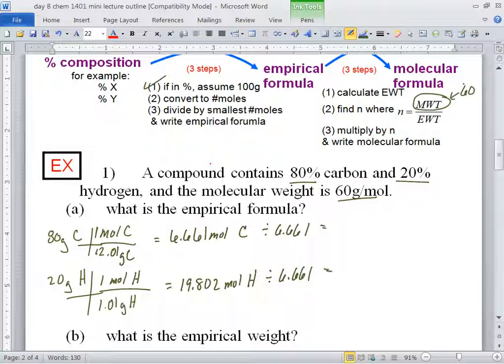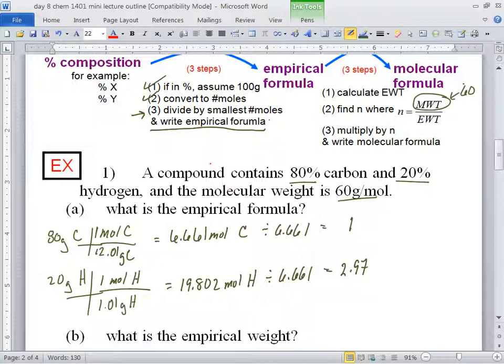Well, this one we just get a 1, right? And then we have 19. We divide that by 6.6601. I get 2.97. So what will my, I'm on the last step here, right? Rebecca, I think we converted to moles. We divided through by the smallest, and now we're supposed to be able to write the empirical formula. What do I write?